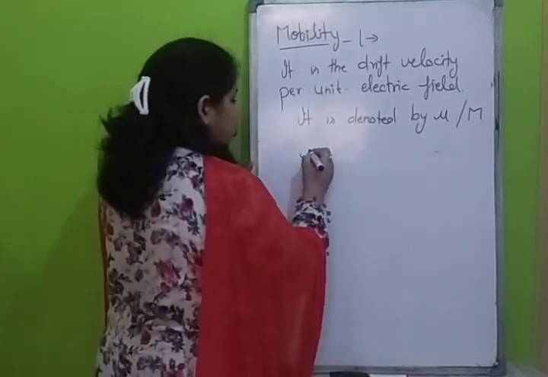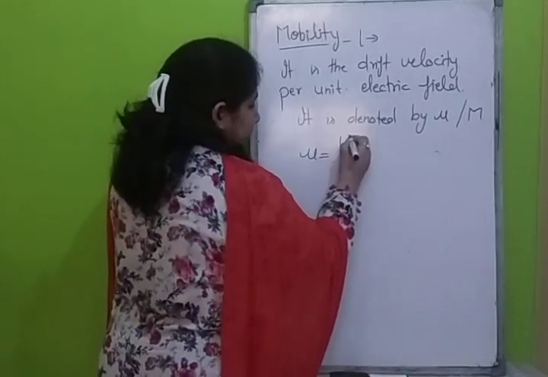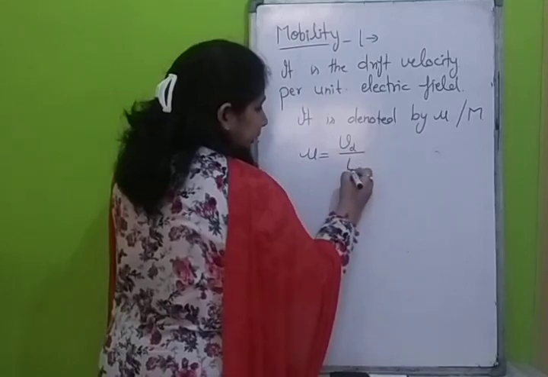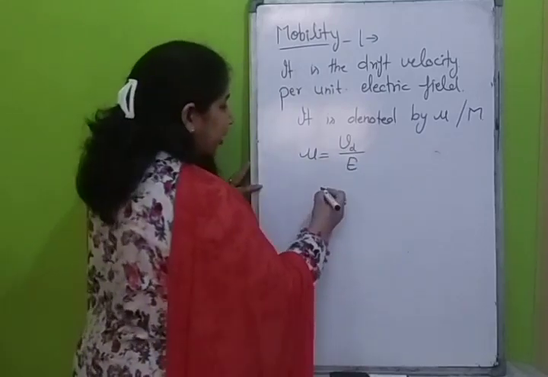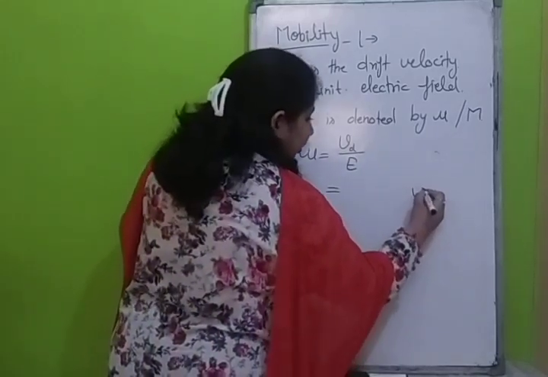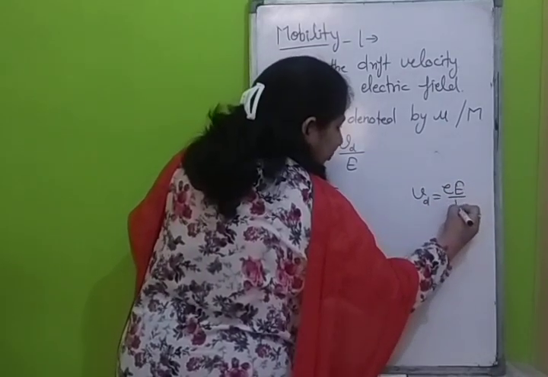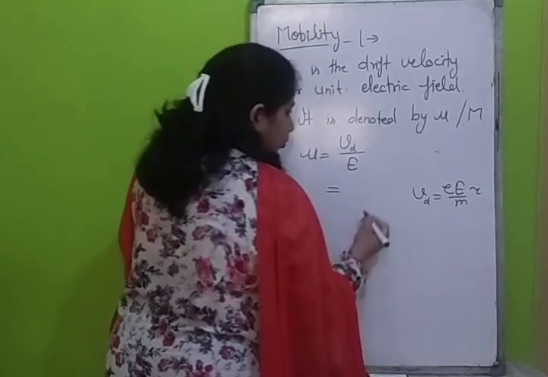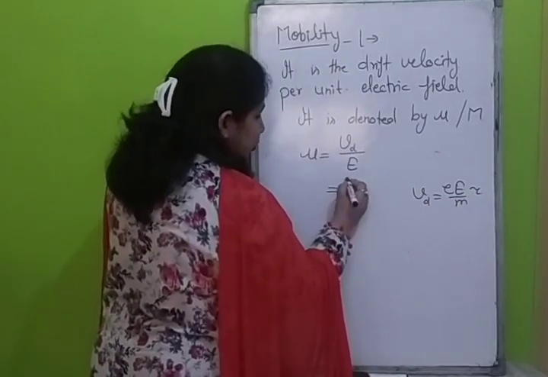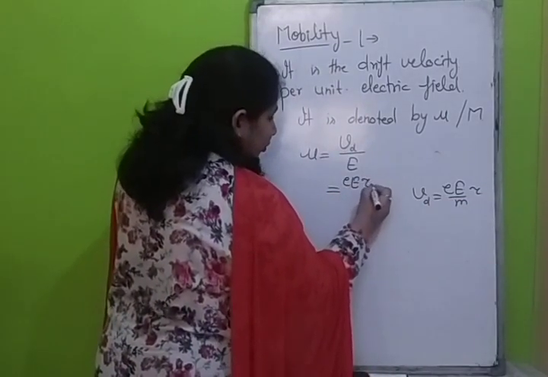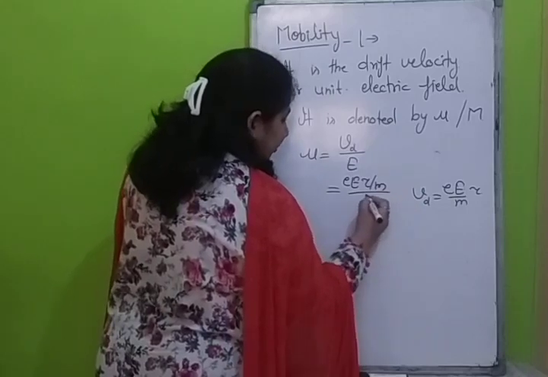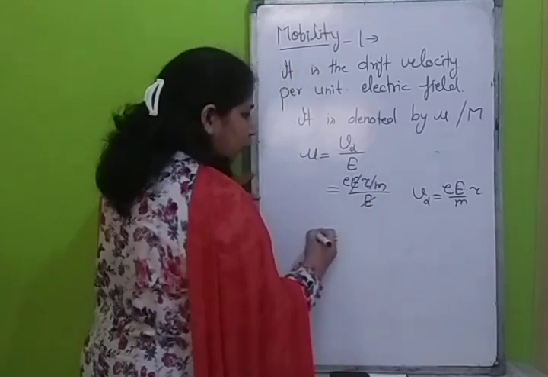Now mu is equal to drift velocity per unit electric field. What we have? We have drift velocity Vd is equal to small e capital E tau upon m. Put the value of Vd, small e capital E tau upon m divided by capital E. Cancel out.